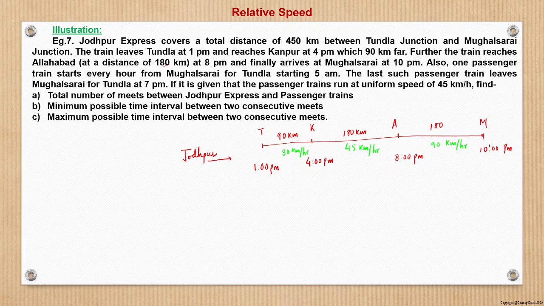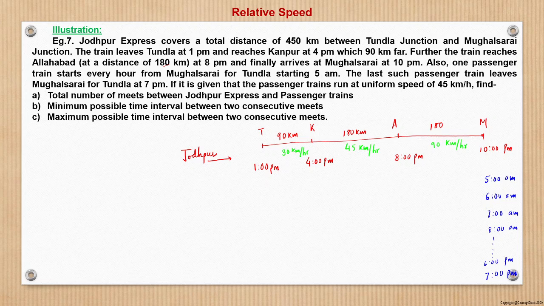Now what happens? There are some passenger trains which start from Mughal Sarai. The first passenger train starts at 5 a.m., the second starts at 6 a.m., every hour. Then 7 a.m., then 8 a.m., and so on till 6 p.m., and the last one is at 7 p.m. So how many trains are there in total?